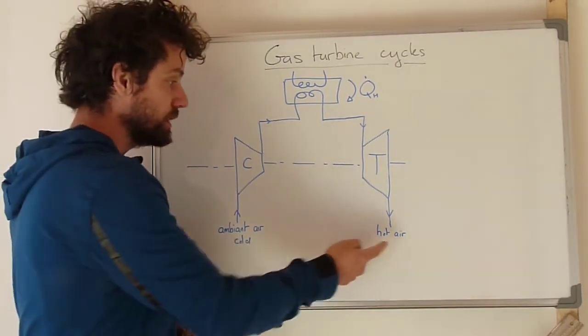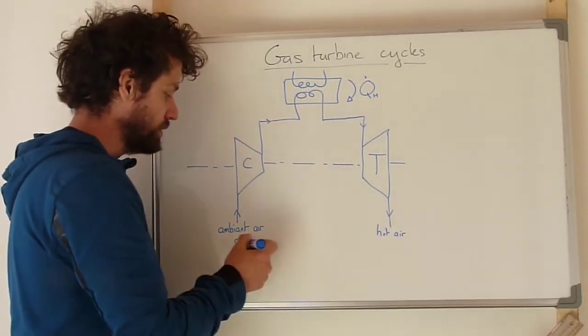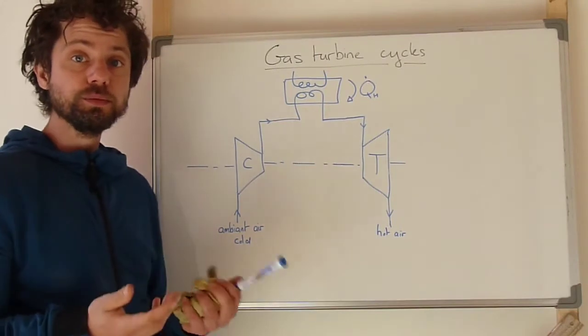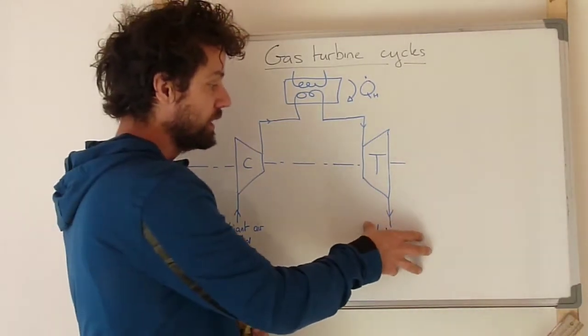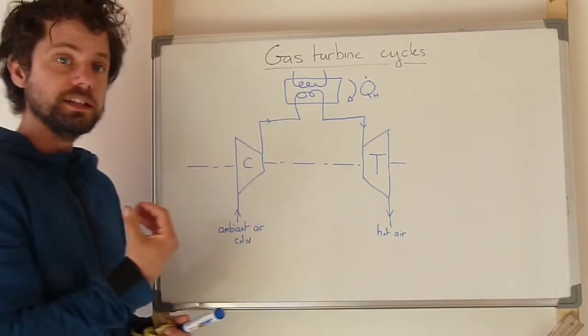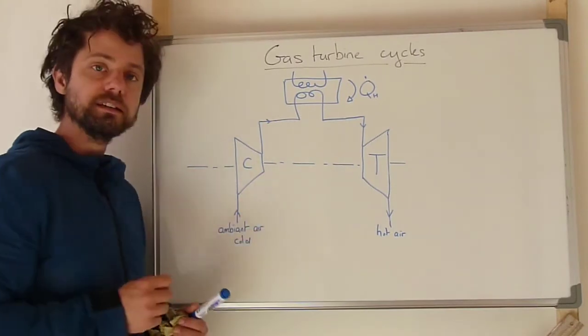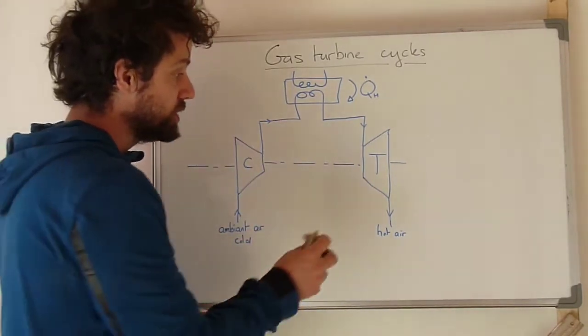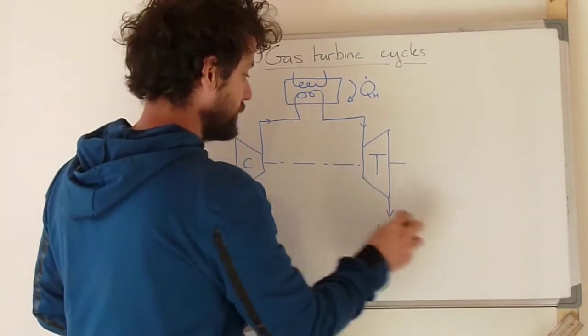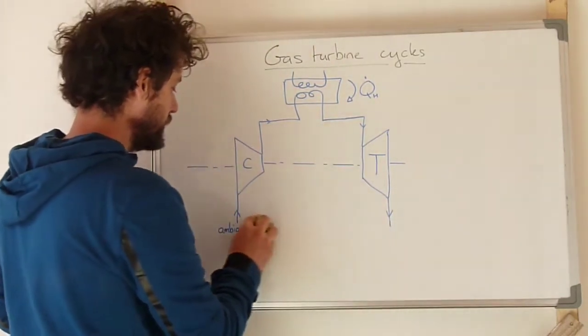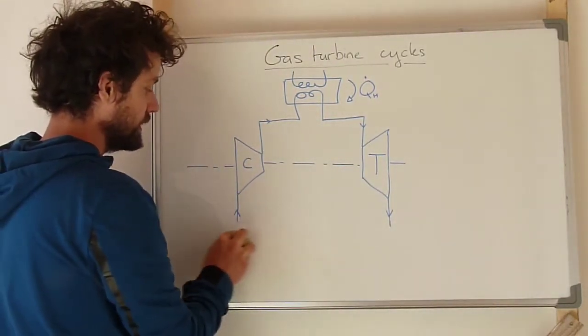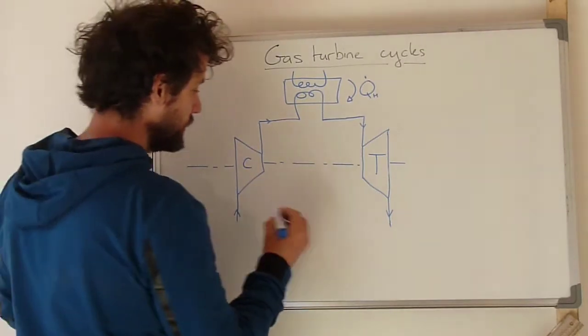So because we have now the same nature of fluid, it is also possible to bring back this hot air into the initial state we had at the inlet of the compressor by just cooling it down, because both of them are at the same pressure. We can close this cycle by adding another heat exchanger.